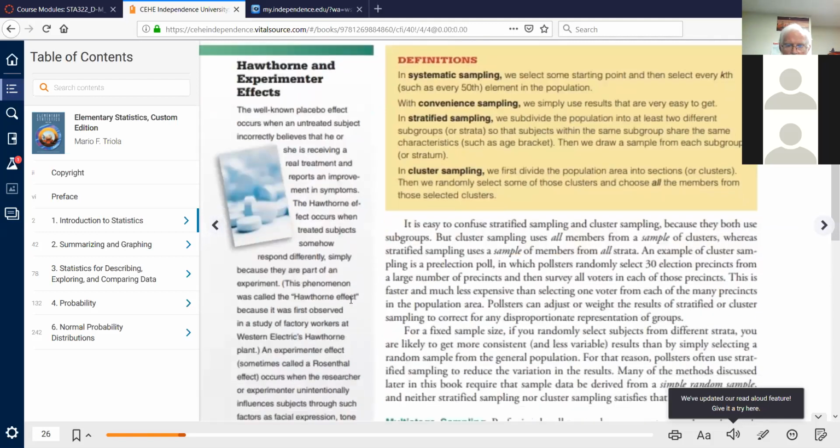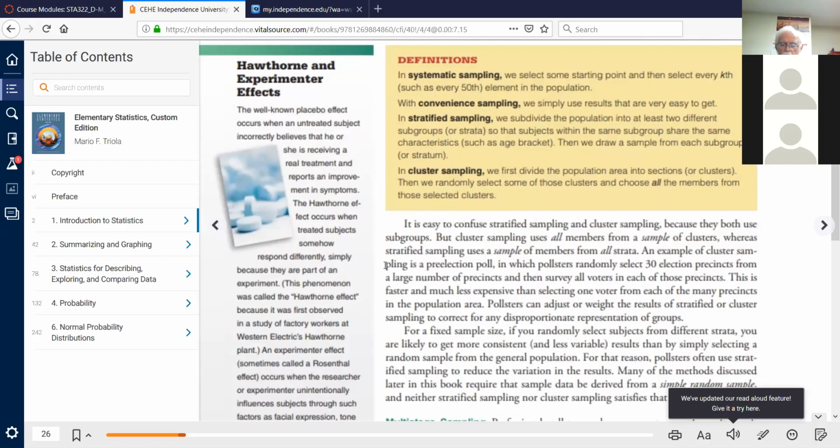So when we do that, we want to make a distinction here between stratified and cluster because they sound similar. But remember that cluster sampling actually does a census from a randomly chosen sample of your clusters.